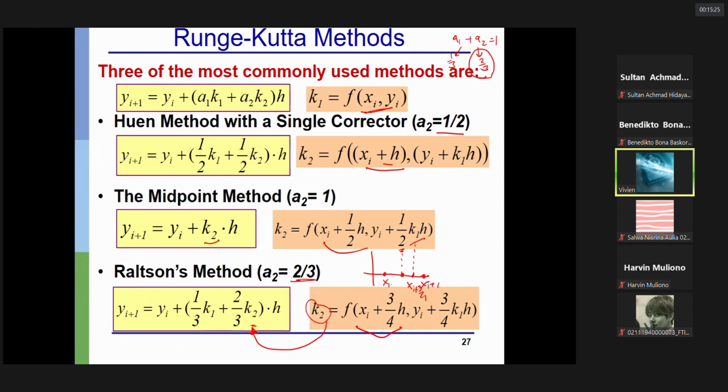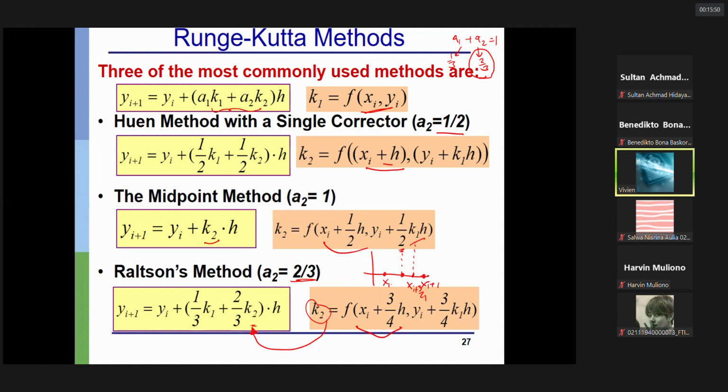So this is for the Runge-Kutta method. In this case, we have the second order Runge-Kutta method, and all of these methods are included as second order Runge-Kutta methods because they use two terms to predict the slope.